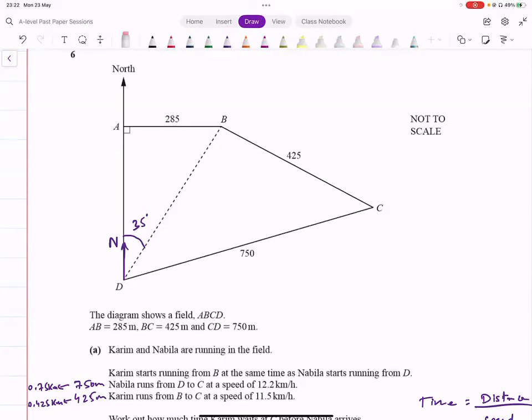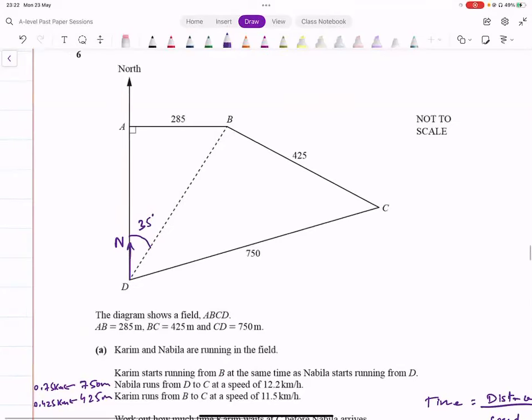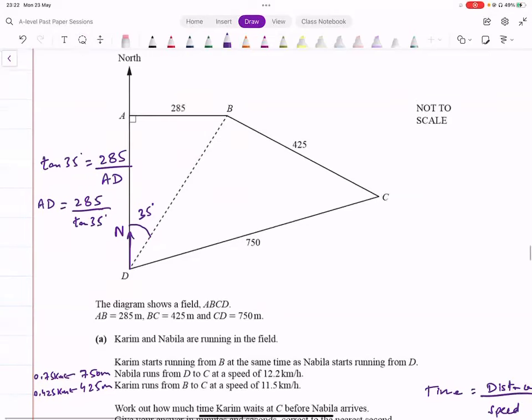It's tan. So you can say tan of 35 is equal to perpendicular. Perpendicular is 285 divided by the base. Base is AD. यहाँ से आपके पास AD आ जाएगा. AD is going to be 285 over tan of 35. You can evaluate this from a calculator, and that's going to give you the result.